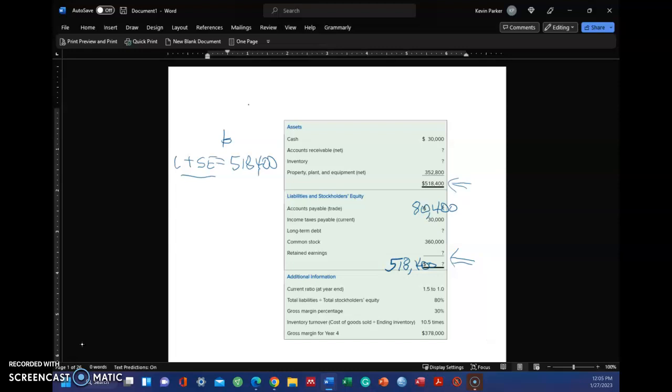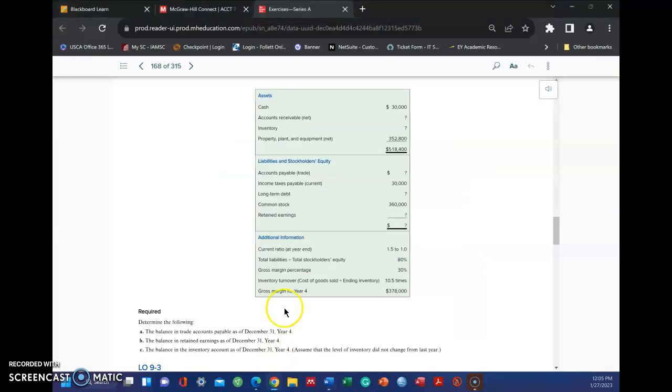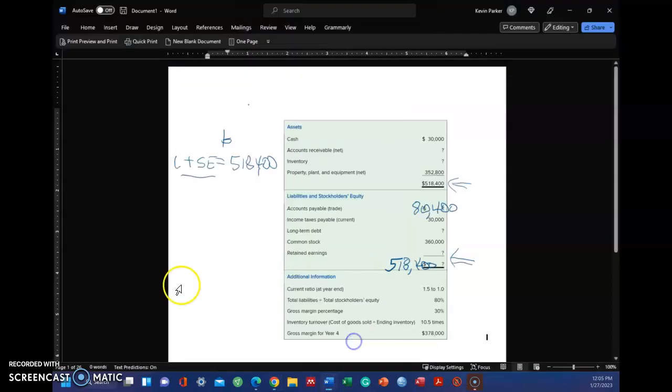What we need to do is get one variable, and then we can solve for equity. This is how we're going to do it. Let me flip back over to the book. We know that total liabilities divided by stockholders' equity equals 0.8.